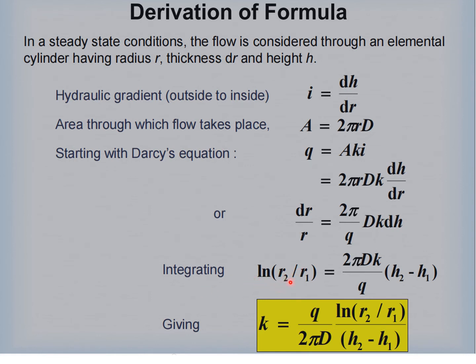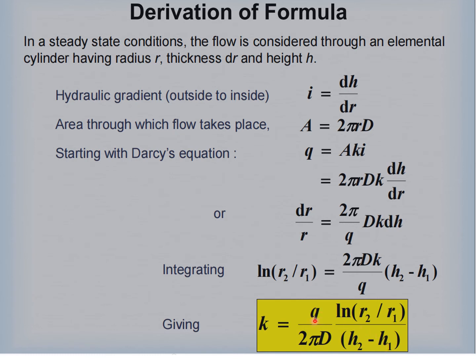Integrating, ln r2 over r1 is equal to 2 pi D K over Q times h2 minus h1, giving K equal to Q over 2 pi D, times ln r2 over r1, divided by h2 minus h1.